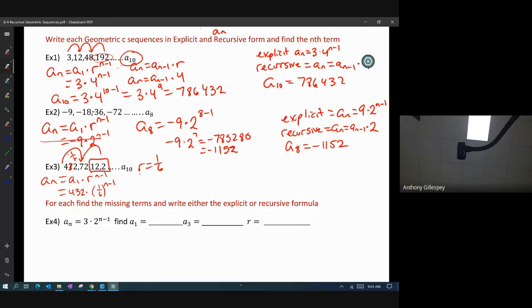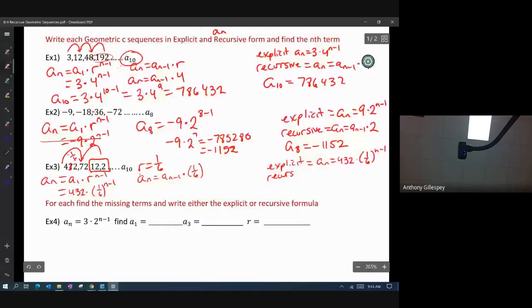All right. Can we write the recursive? Define a sub n, find the number before it, times what? When in doubt, parentheses. All right. So there we go. We got our explicit: a sub n equals 432 times 1/6 in parentheses to the n minus 1.